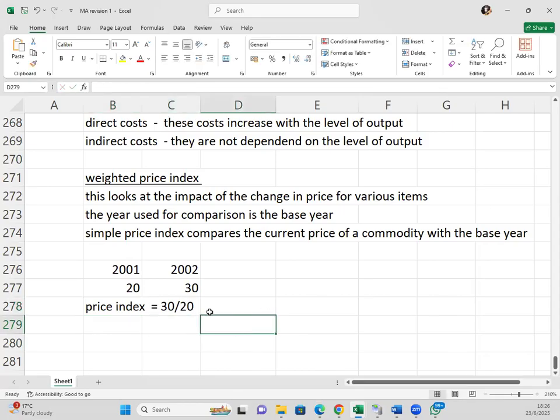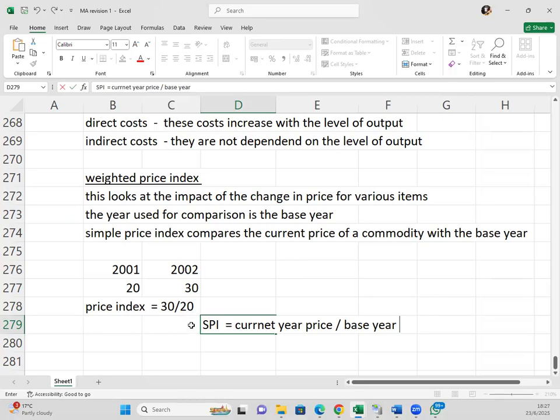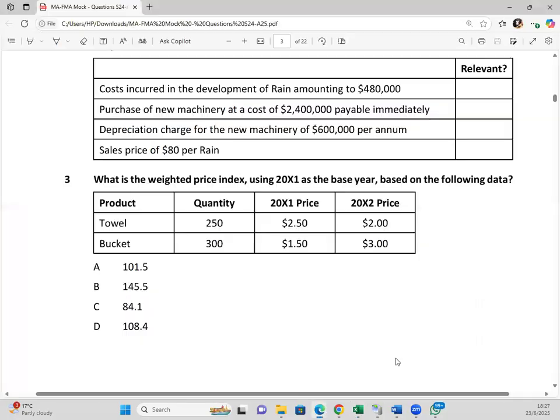So simple price index is equal to the current year price over the base year price. Okay, let's go to the question. Read through the question.